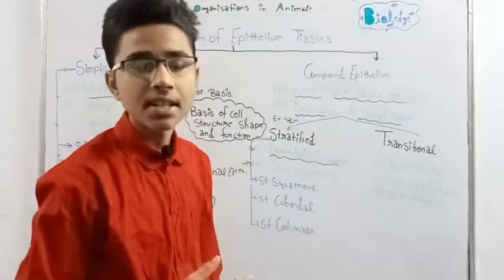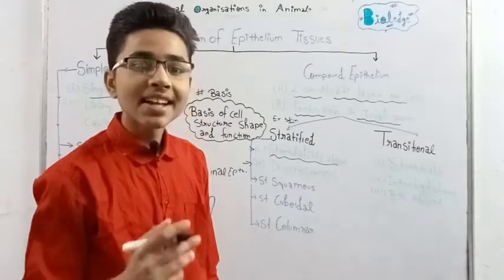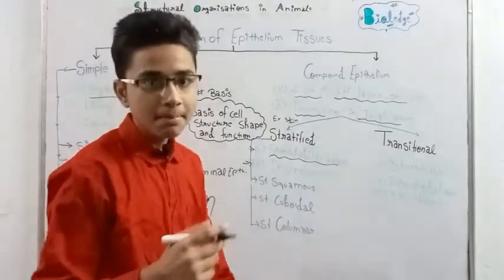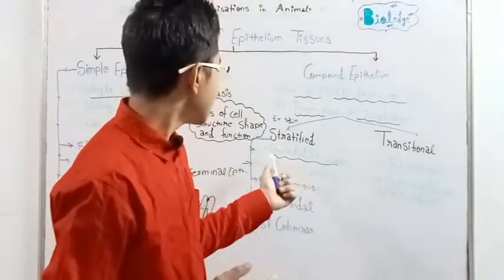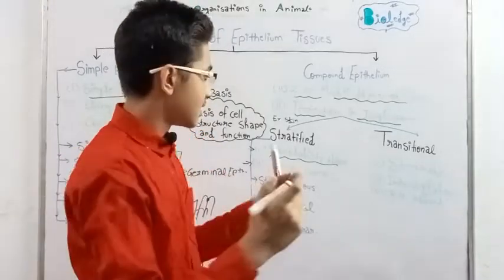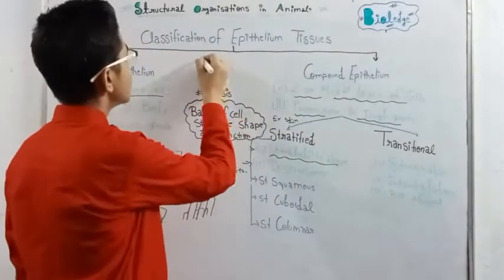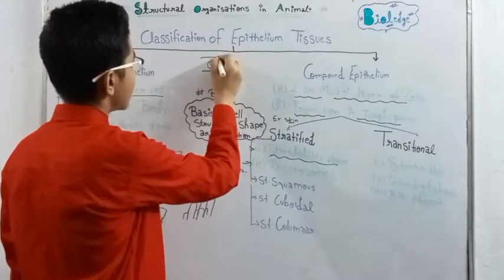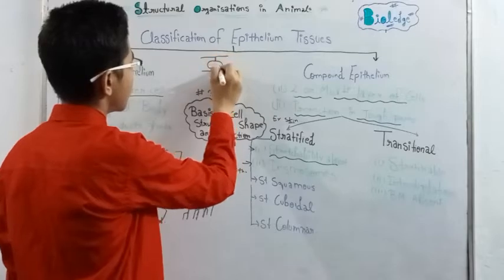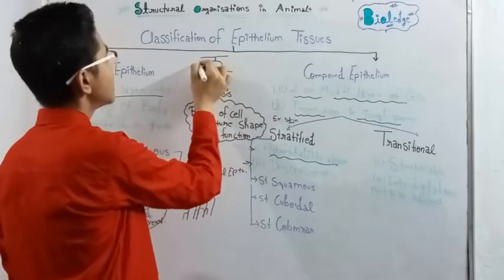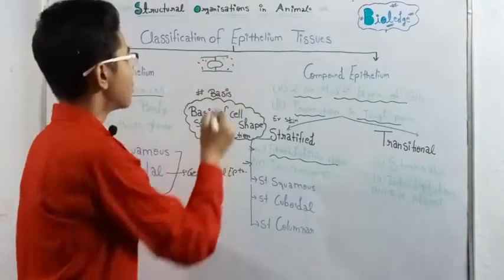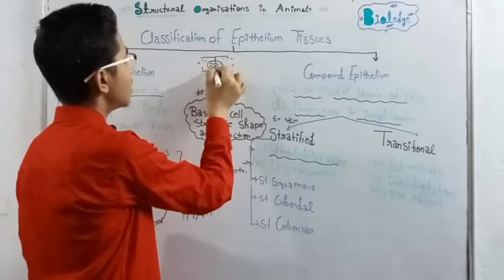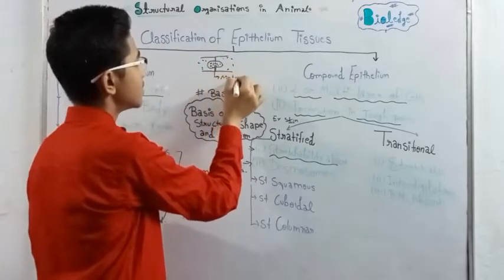Now what are desmosomes? We will discuss another point, gap junctions, before discussing compound epithelium, but let's take an overview. Let's understand: suppose there are two cells. Both cells are different, but these cells form a whole in which a matrix gets filled.